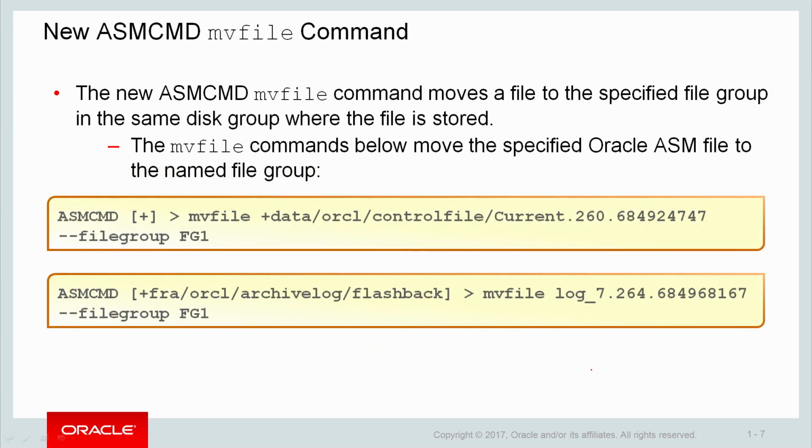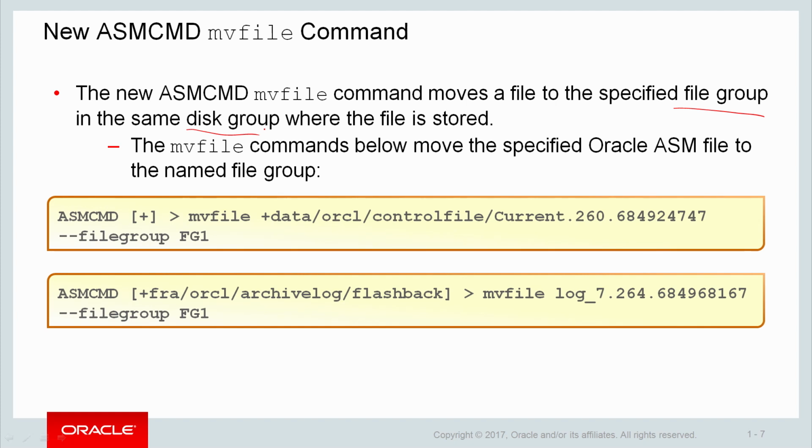We also have another new ASMCMD command, a move file. This move file command moves a file to a specified file group in the same disk group where the file is stored. Now, file groups were introduced in 12cR2. Traditionally, the redundancy of files inside a disk group is set at the disk group level.